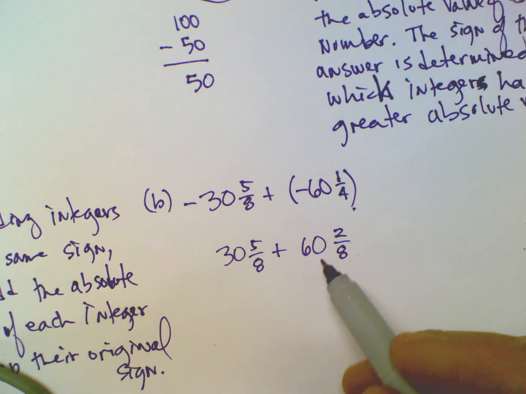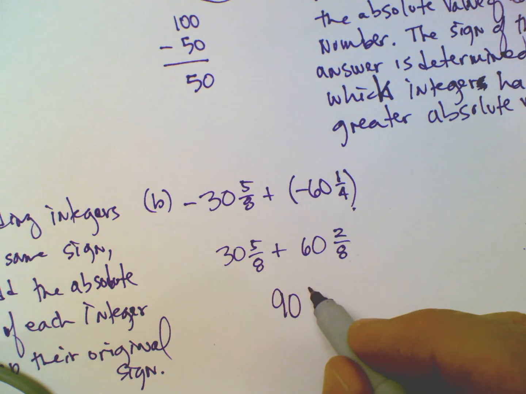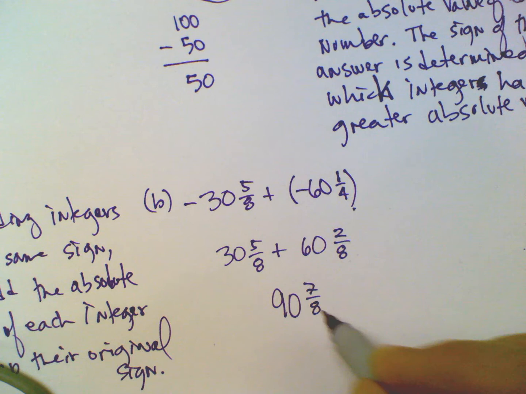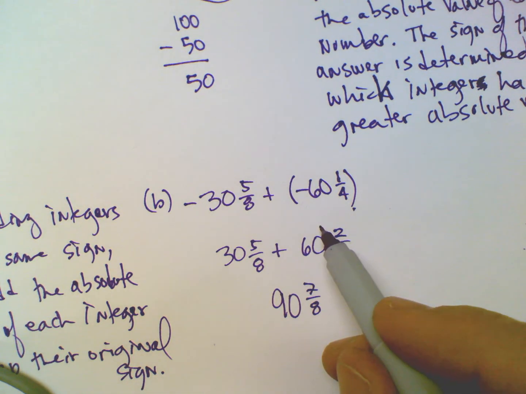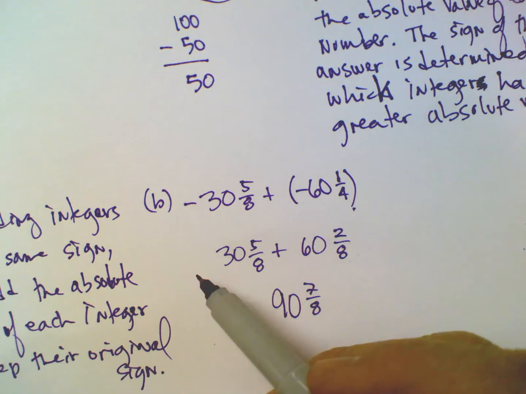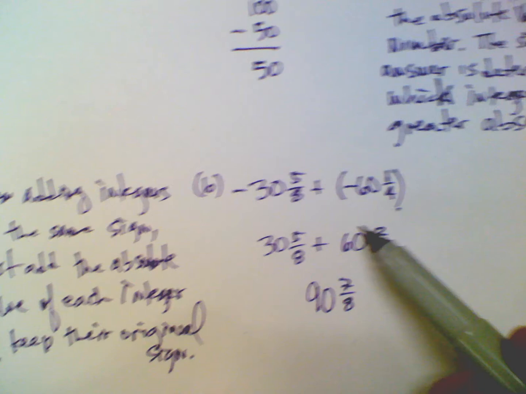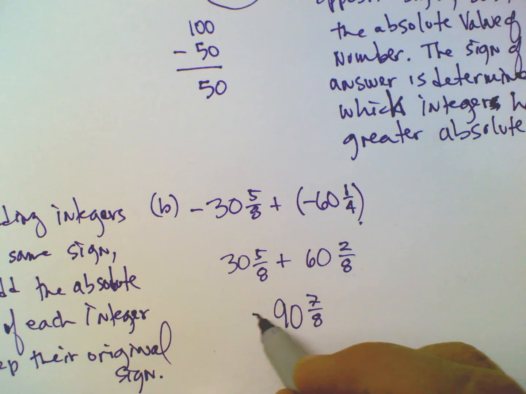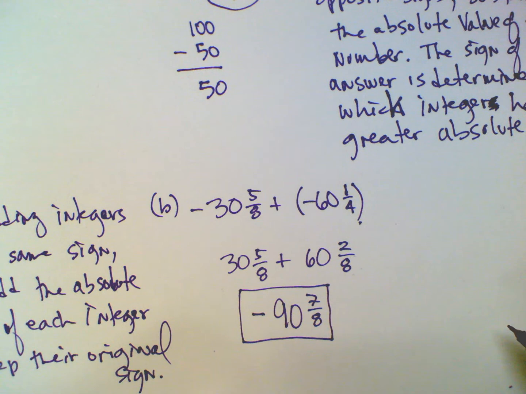When I add these, I add the wholes, which is 90, and the fractions, which is 7/8. I've added the absolute values, but my final answer is going to keep the original sign. They were negative, so my final answer is negative 90 and 7/8.